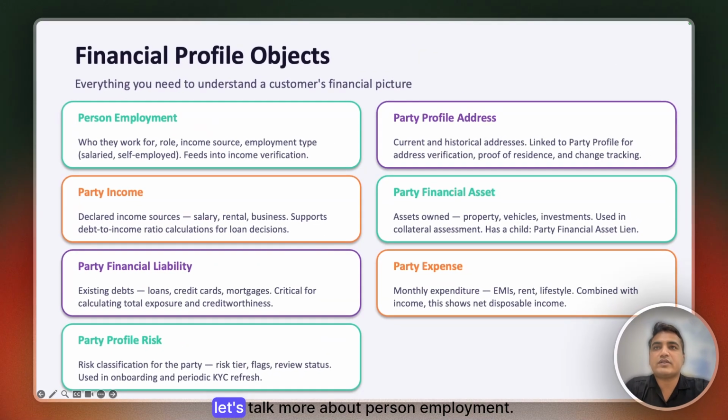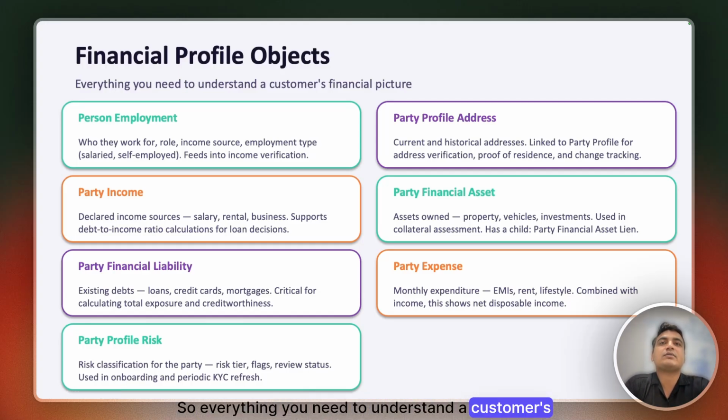Now let's talk about the financial profile objects. Everything you need to understand a customer's financial picture can be covered by the financial profile objects. The first one is person employment.